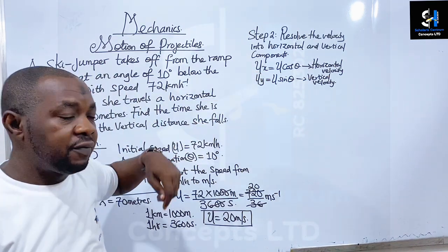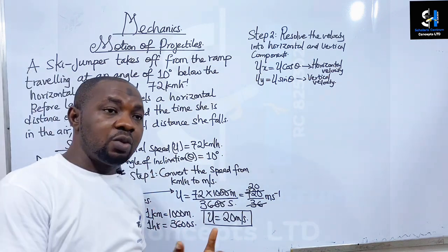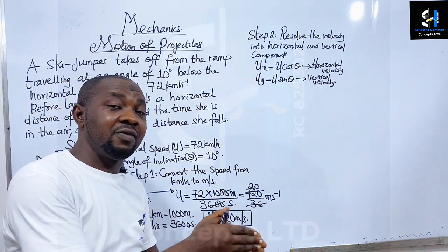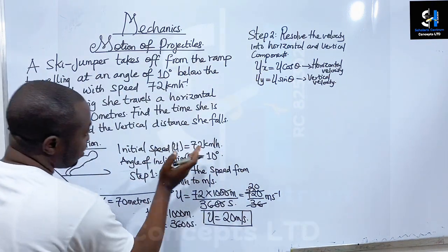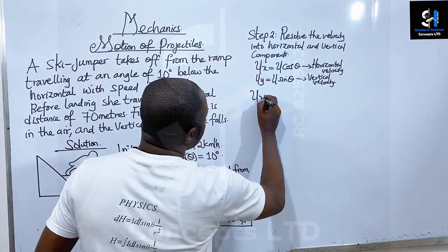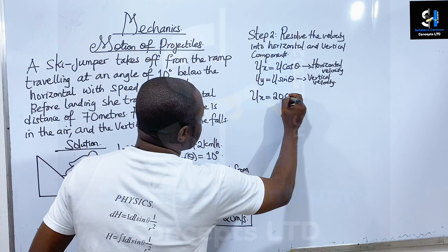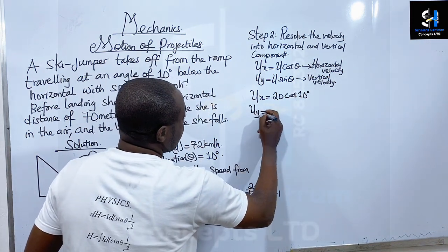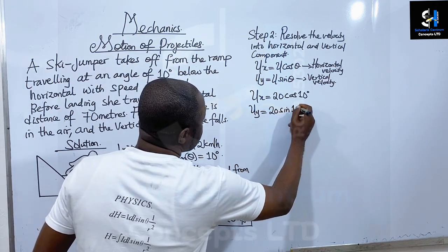When we know the horizontal velocity, that will lead us to how we can get the value for time t. This will be the velocity of projection. So ux equals 20 cos 10 degrees, and uy equals 20 sine 10 degrees.